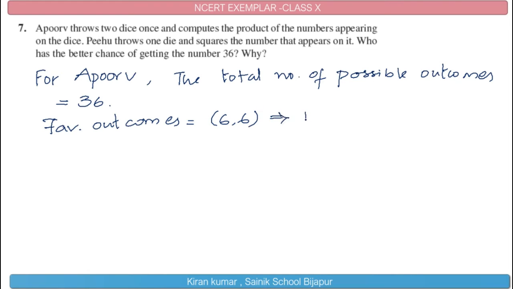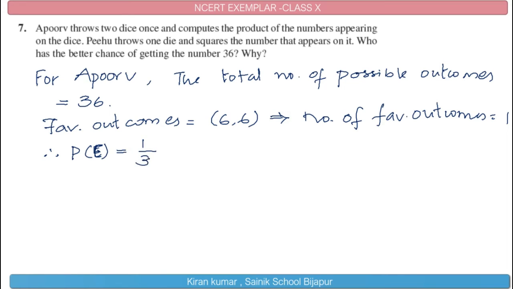This means that the number of favorable outcomes is only 1. Therefore, the probability of the event of getting 36 as a product will be the number of favorable out of the total, 1 by 36.